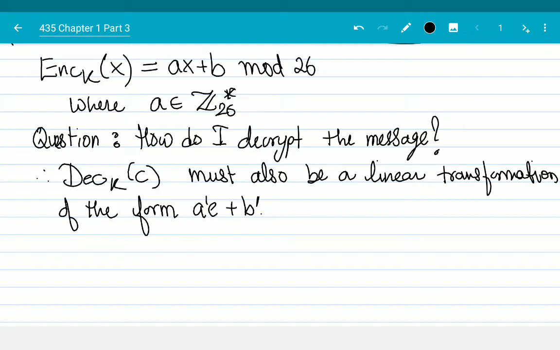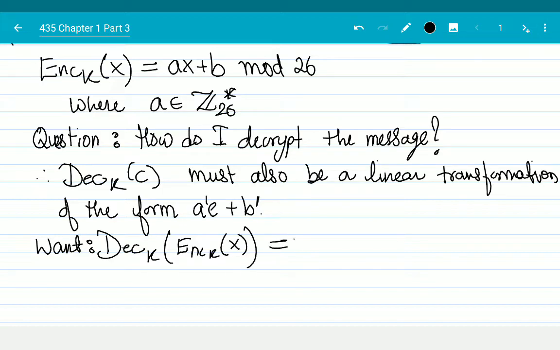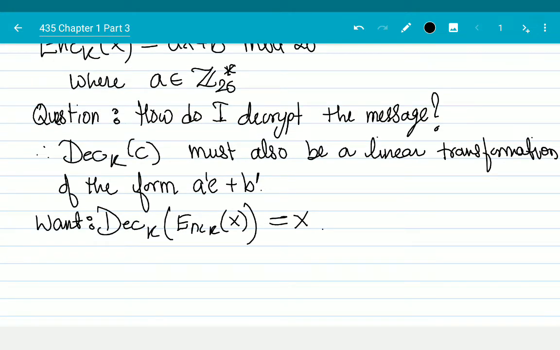Okay, so what do we want? We want decryption k of encryption k of x to be equal to x, which is to say a prime of ax plus b, plus b prime is equal to x.